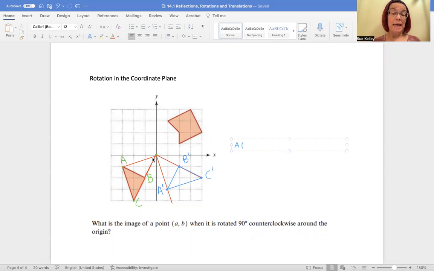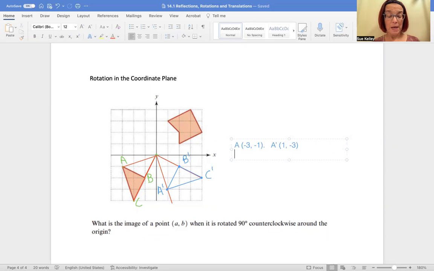So our point A is at -3, -1. And our A prime is at 1, -3. Wow, that's a big change, right?